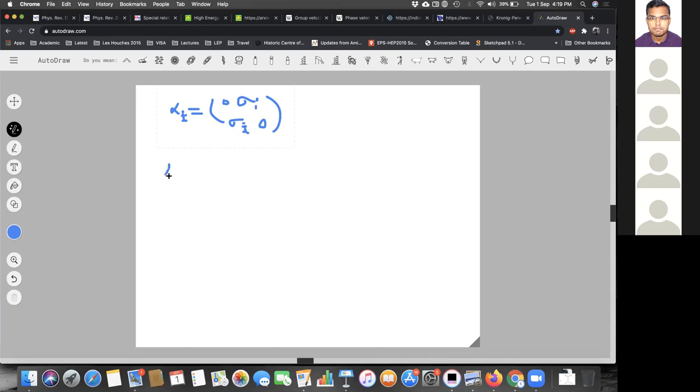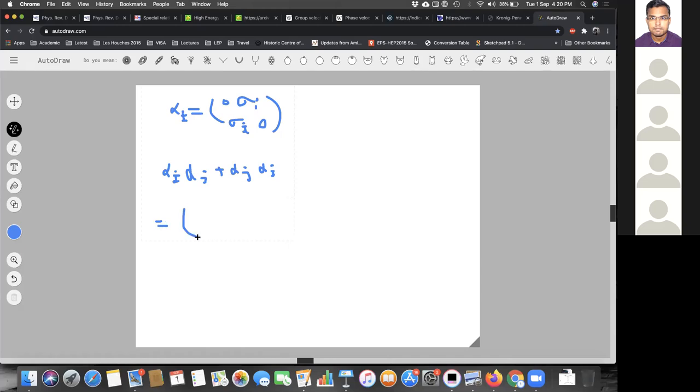So let's check whether alpha i and alpha j satisfy this anti-commutation relation or not, whether alpha i alpha j plus alpha j alpha i is twice delta ij or not. So I have to check this.